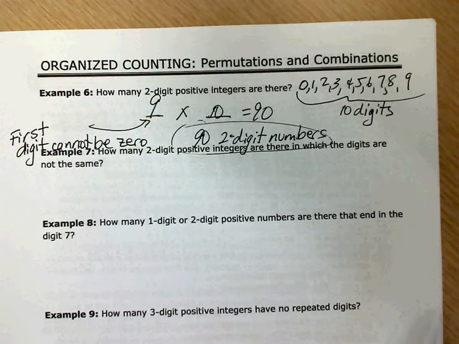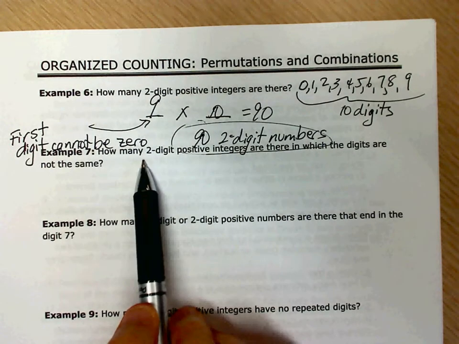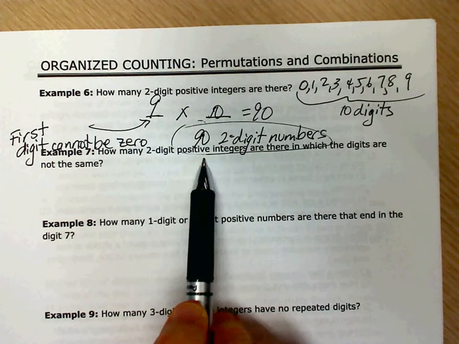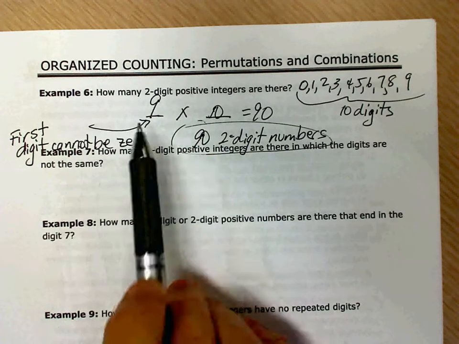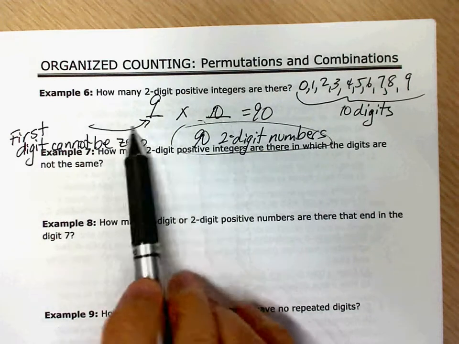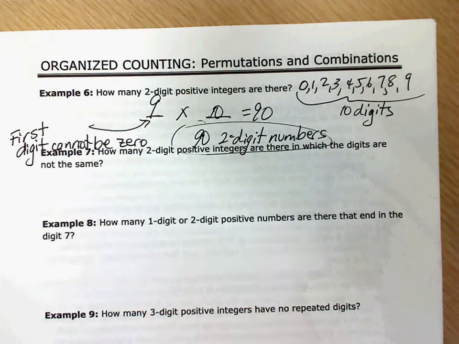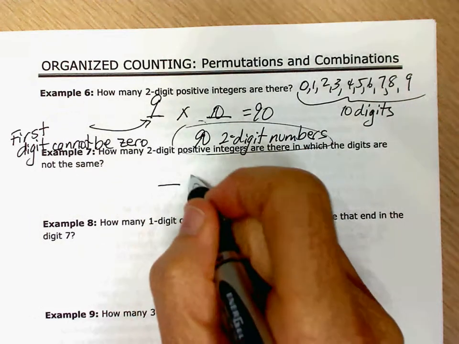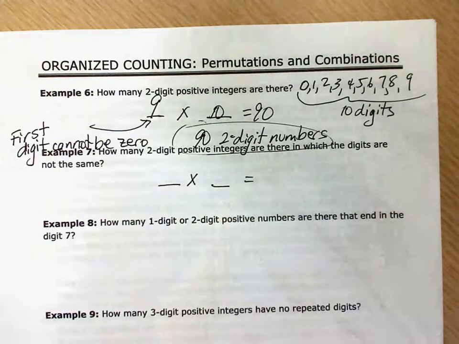How many two-digit positive integers are there where the digits are not the same? Can you see that you could get 11, 22, 33, 44? Now what happens if they're not the same? Well, let's take a look.